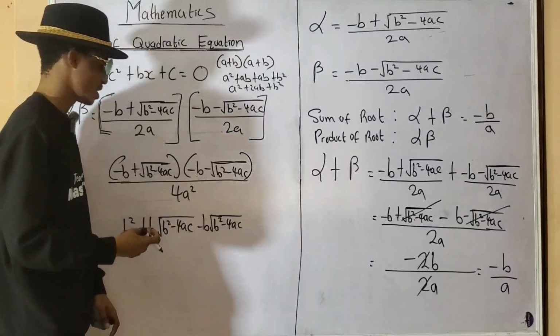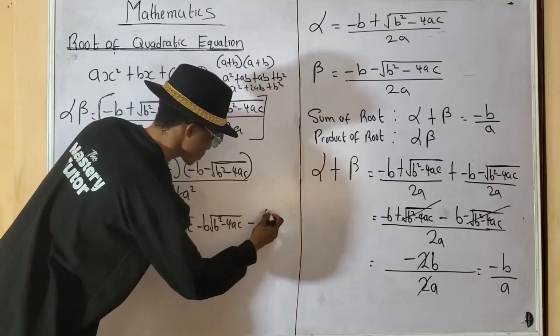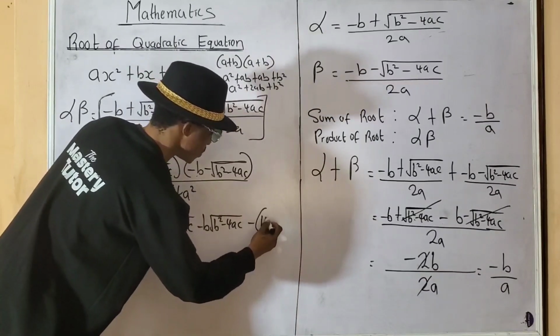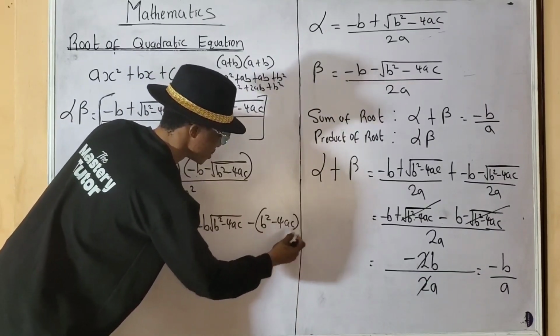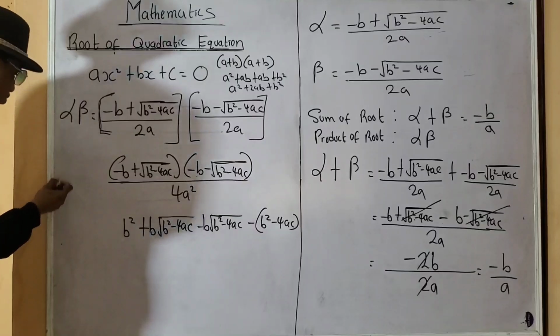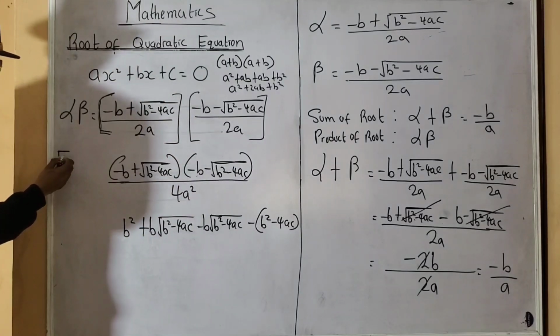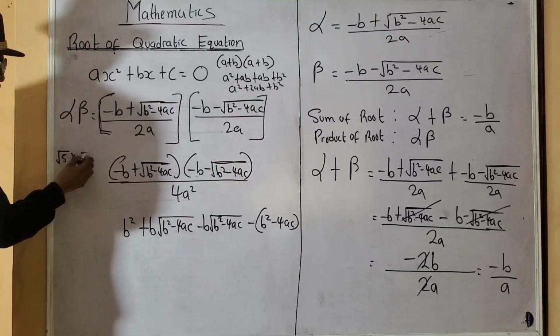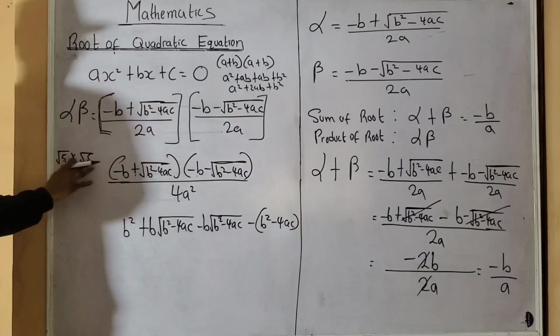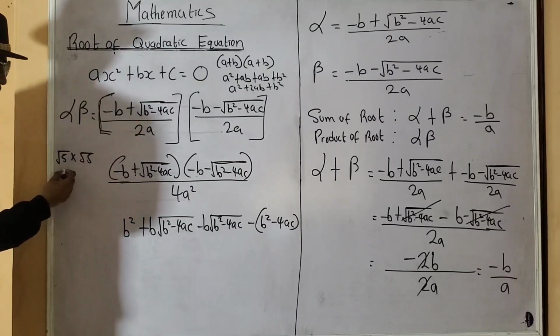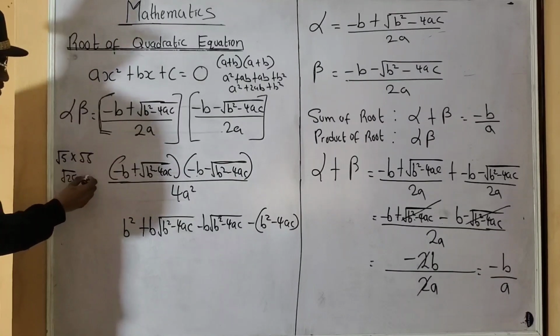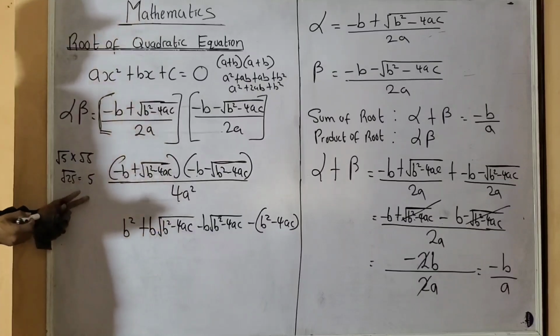What's the answer? That will be minus into bracket b squared minus 4ac. Pay attention. If you have square root of 5 times square root of 5, that is square root of 25. Square root of 25 equals 5. You can see that we still have the same thing.